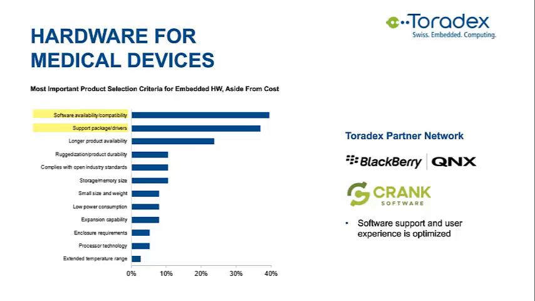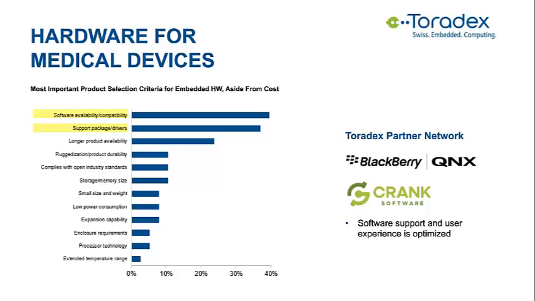Not surprisingly, as Chris showed, it's actually software. This is the most important part when selecting hardware. We at Toradex understand this. Even though we are selling hardware, and I covered today the hardware part in this presentation, almost 90% of our engineering goes into software.